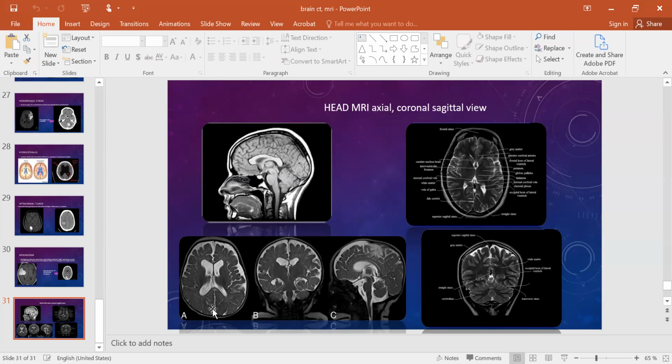This is T1, T2, and FLAIR. In T1 and FLAIR, fluid, so cerebrospinal fluid, for example, will be black in color, but on T2 image, it will be white. You see here examples of T2 images.